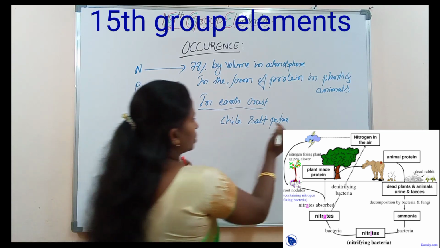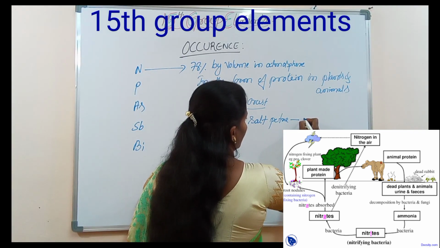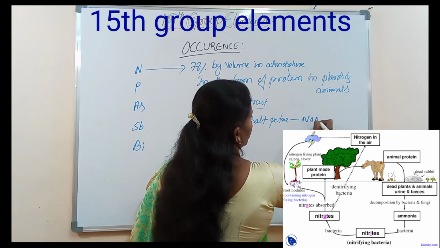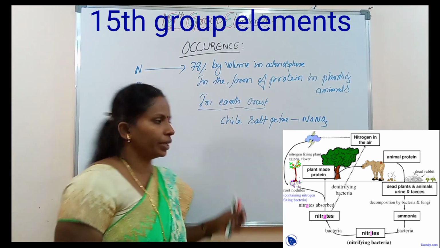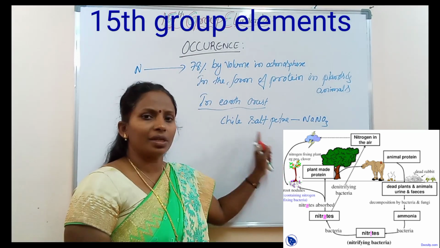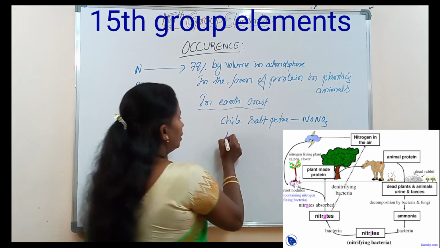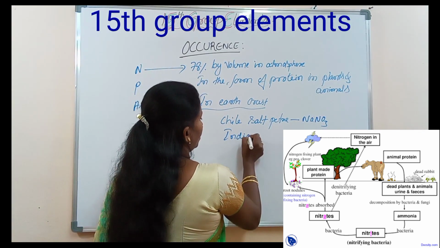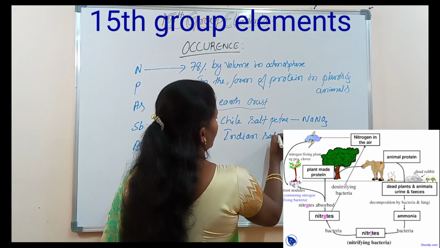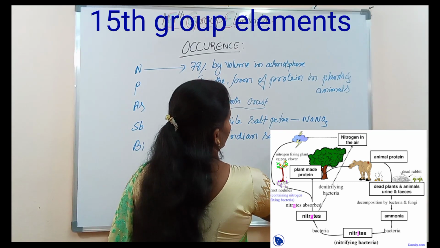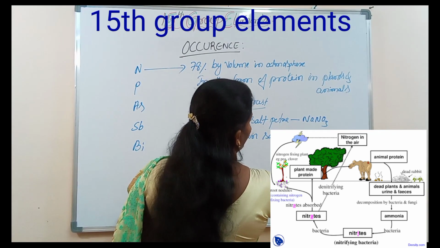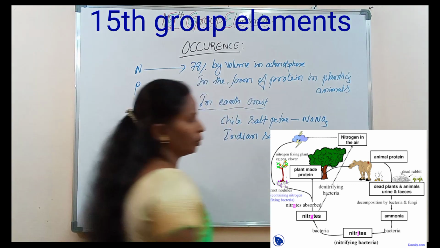In the earth's crust, Chile saltpeter, whose molecular formula is NaNO3, and Indian saltpeter, that is KNO3.